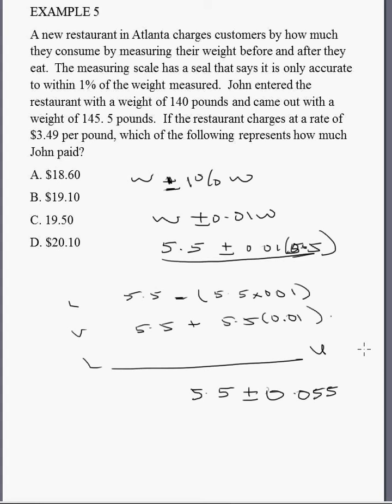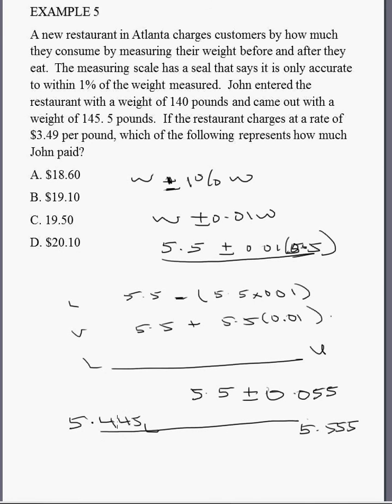That's what we got. So that means the lower value will be, well, let's put the scale here. We're going to put our scale back here, and that will be equal to 5.445, and the upper value will be 5.555. So this is what the scale will tell.